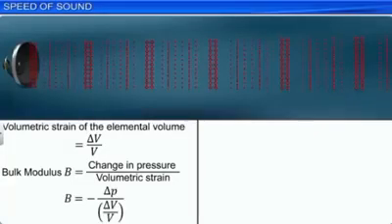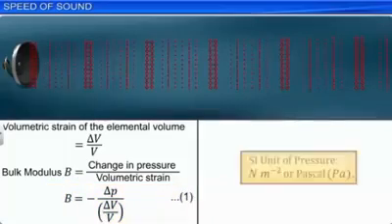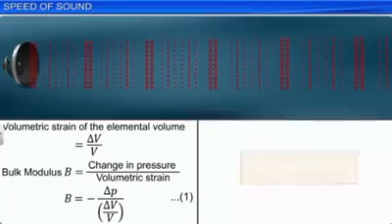The SI unit of pressure is Newton per meter square or Pascal. The dimensional units of pressure P are kilogram meter per second square into meter raised to the power minus 2.